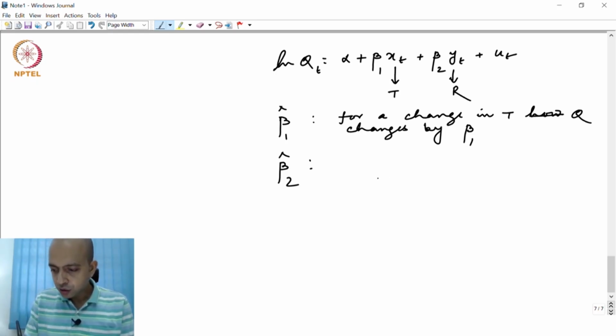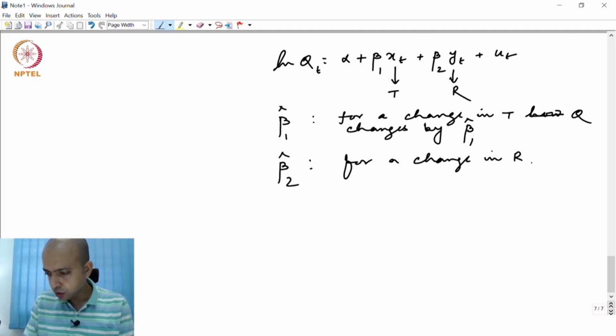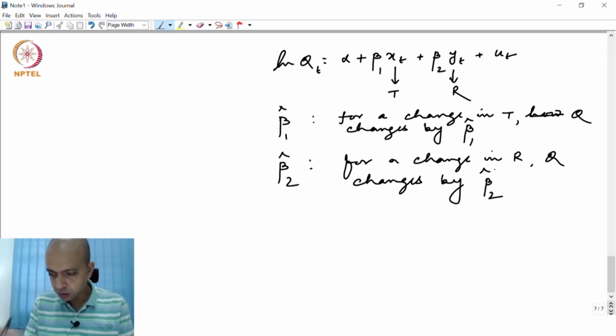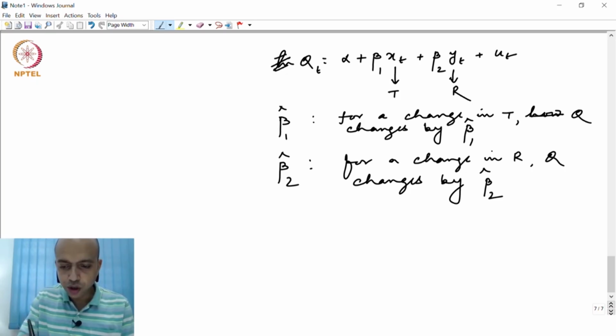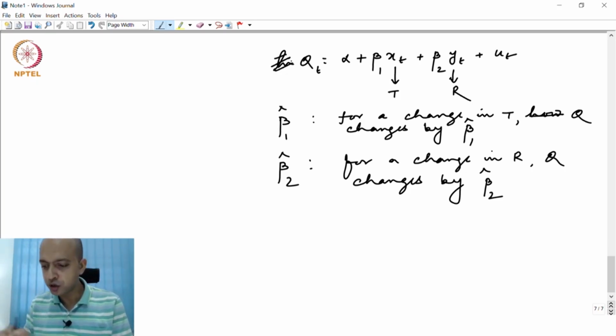Similarly, beta 2 hat, for a change in rainfall, Q changes by beta 2 hat, right? Let's say I am not using log, I am using a simple production function.